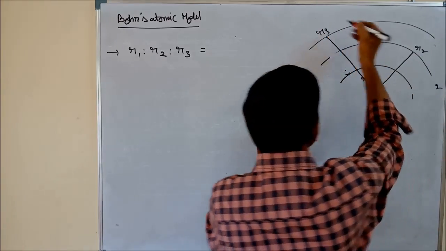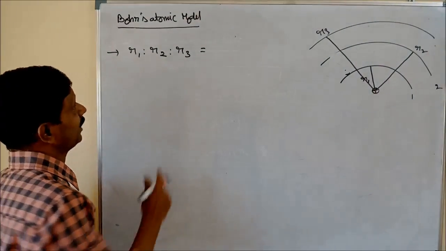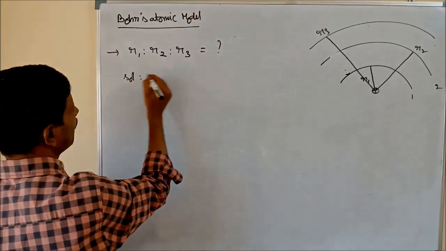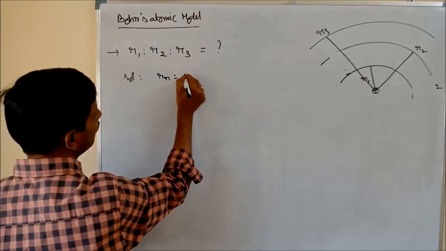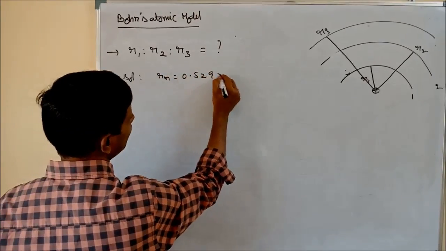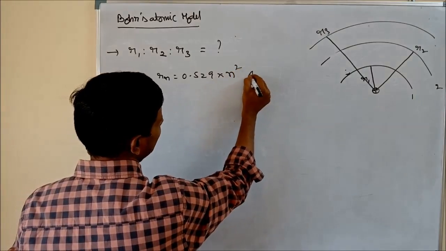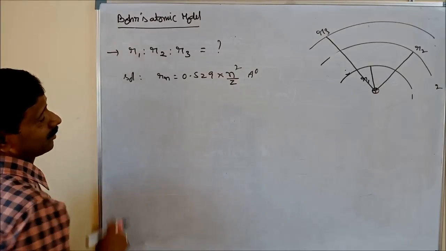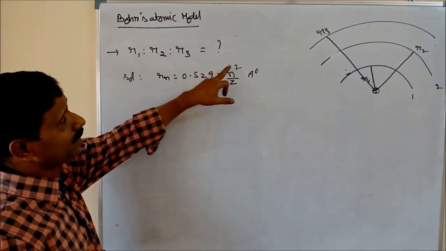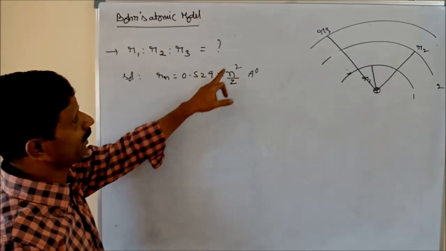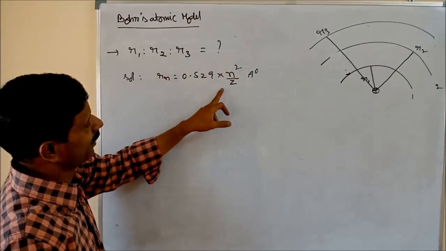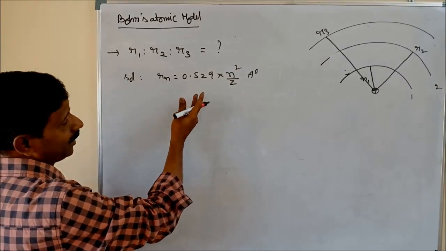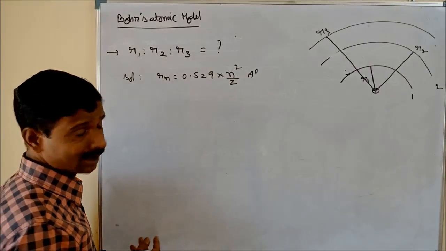So what about the ratio? What is the general formula? Rn is equal to 0.529 into n square by Z angstroms. Now R1 is 0.529 into 1 square, R2 is 0.529 into 2 square, R3 is 0.529 into 3 square. 0.529 and Z are common for a given atom of the element.